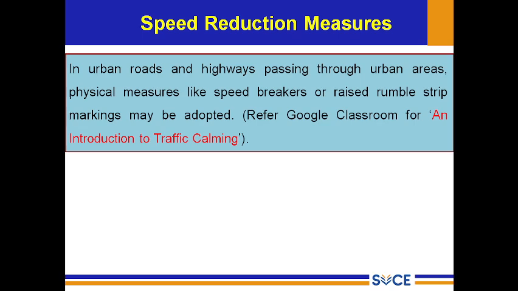Several such experiences from around the world have established that the use of traffic calming techniques to influence road design significantly reduces accidents and pollution, and makes a neighborhood more livable.